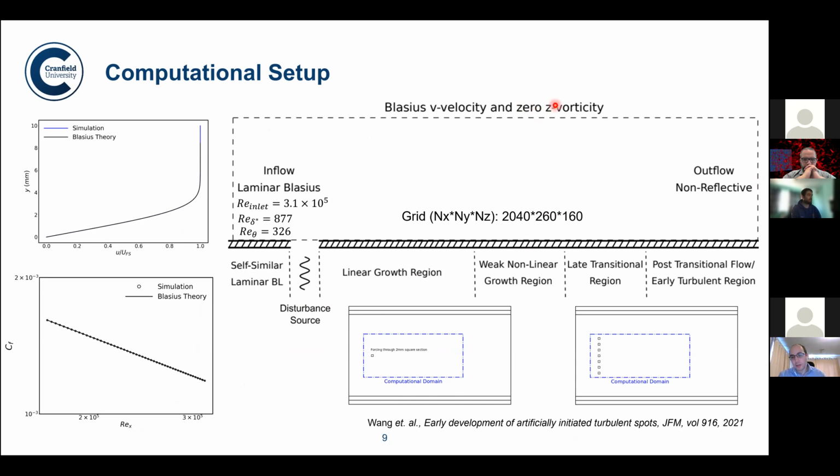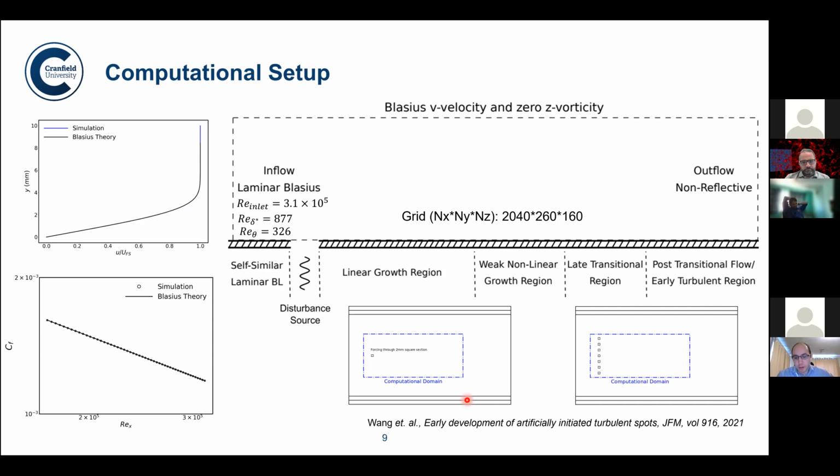The top boundary of the domain is assumed to lie in the free stream, where the v velocity component is assumed to be the Blasius one, and then the u velocity is worked out assuming irrotational flow, so zero z vorticity component. That gives you the u component. We're looking at two main cases, one with a single point force in the center of the domain, and then an array of forces across the span.